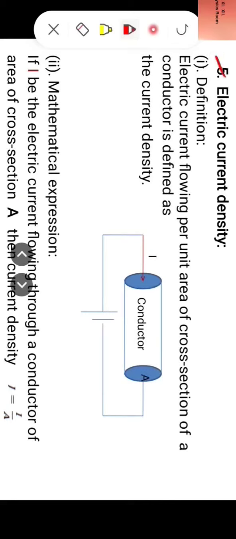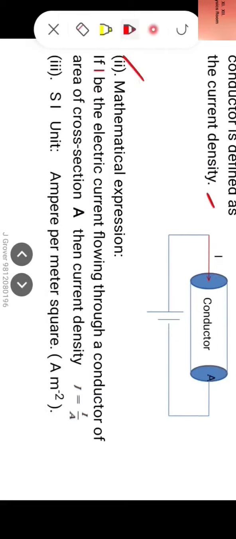Fifth term, electric current density. First, definition: electric current flowing per unit area of cross section of a conductor is defined as current density. I repeat, electric current flowing per unit area of cross section of a conductor is defined as electric current density.